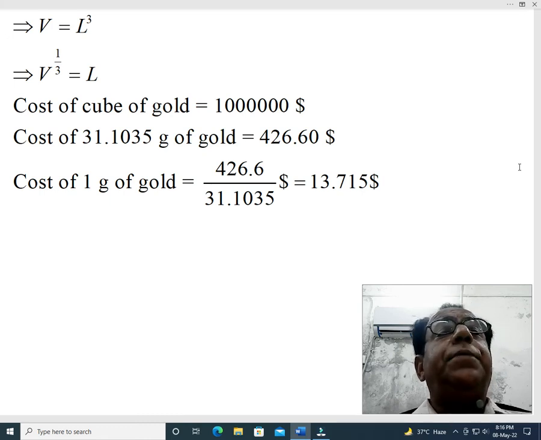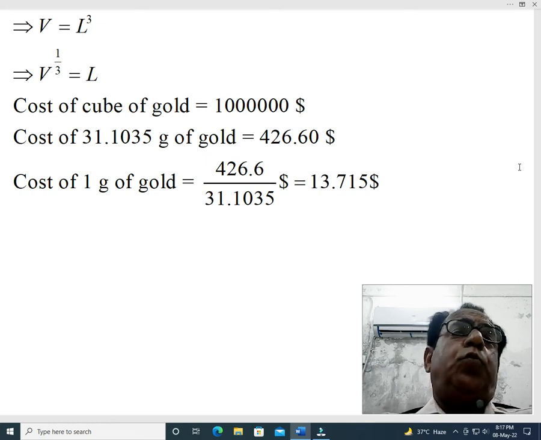The cost of 31.1035 gram of gold is equal to $426.60.